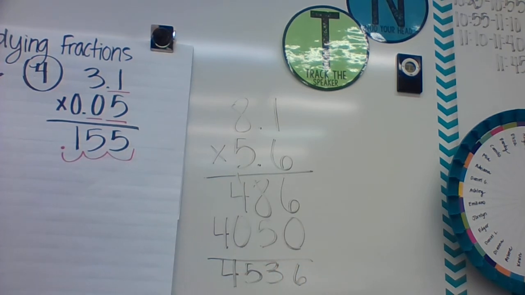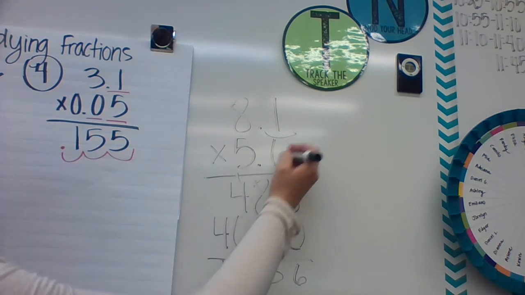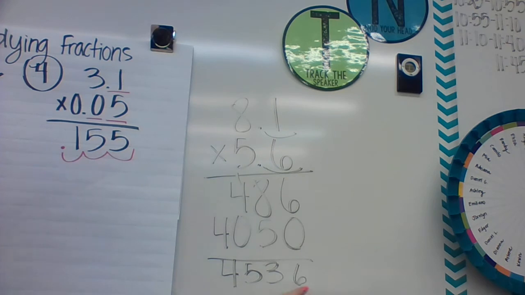Now we need to look back in our original problem, see how many decimal places we have. We have 1, 2. So we're going to start on the right-hand side and move our decimal over 2 places. 1, 2. So your answer would be 45 and 36 hundredths. Hopefully you got that correct. If you did not, we're going to go ahead and do one more problem.